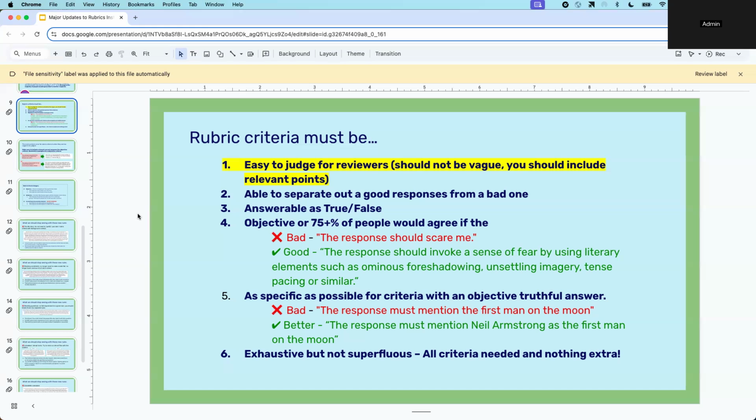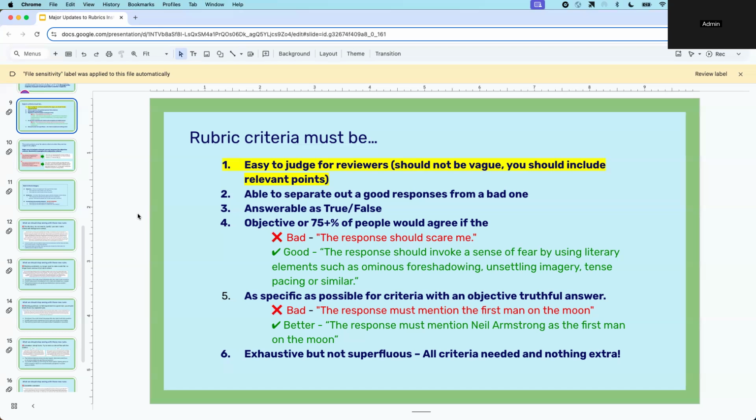However, after a certain point, not everything needs to have a criteria, and it's possible to make up criteria that either aren't applicable or aren't necessary. So you have to find the right balance between, is this additional criteria actually necessary in understanding whether this is a good or bad response?